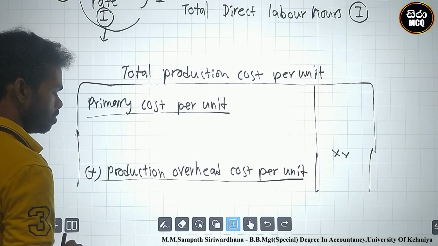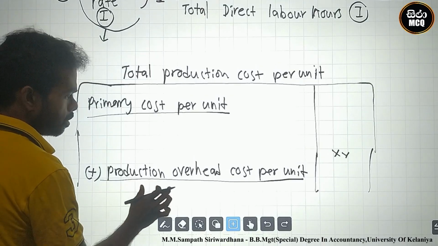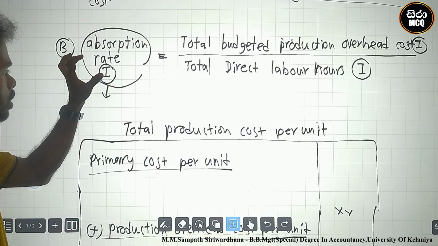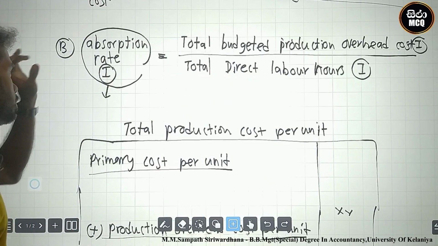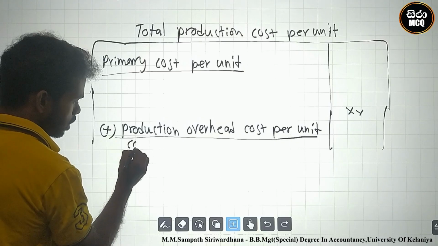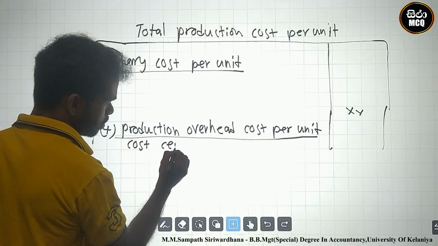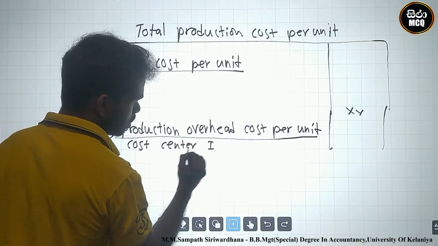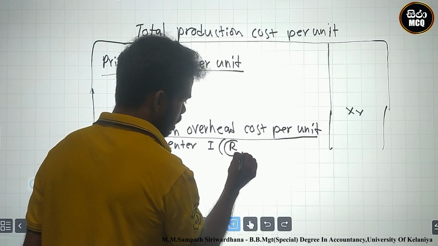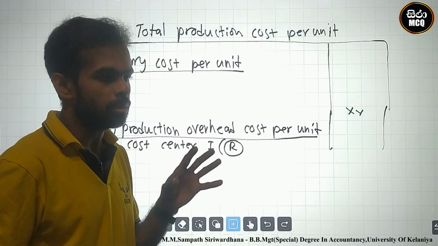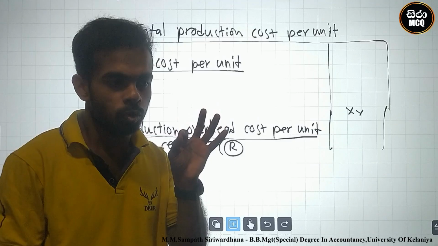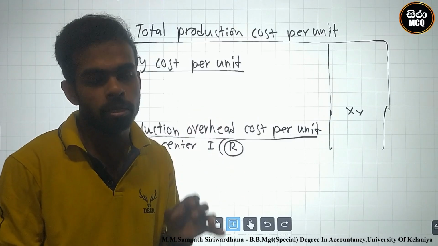How can you include this one? Firstly, you use the absorption rate. The absorption rate is already calculated in step B. Using step B, you read the cost centers. For cost center 1, we use the absorption rate, the overhead cost per labor hour.